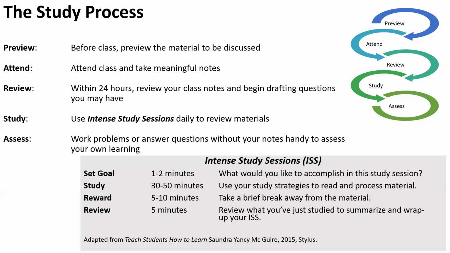As you can see, we also talk on this slide about intense study sessions. So this is the idea of breaking up or chunking up your study into maybe just 30 to 50-minute intervals at a time.